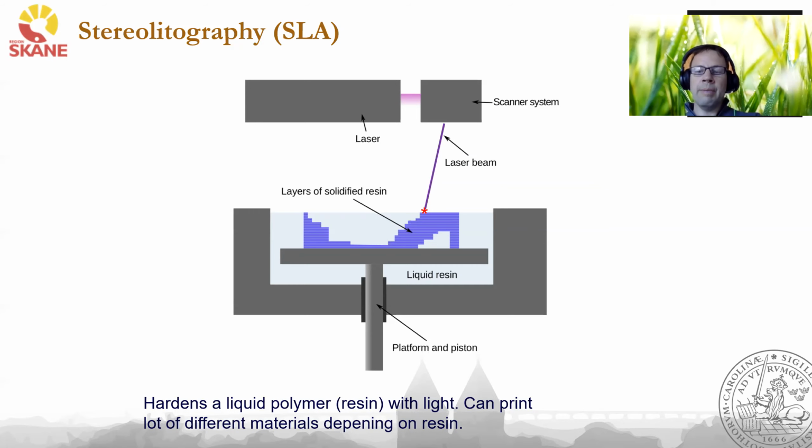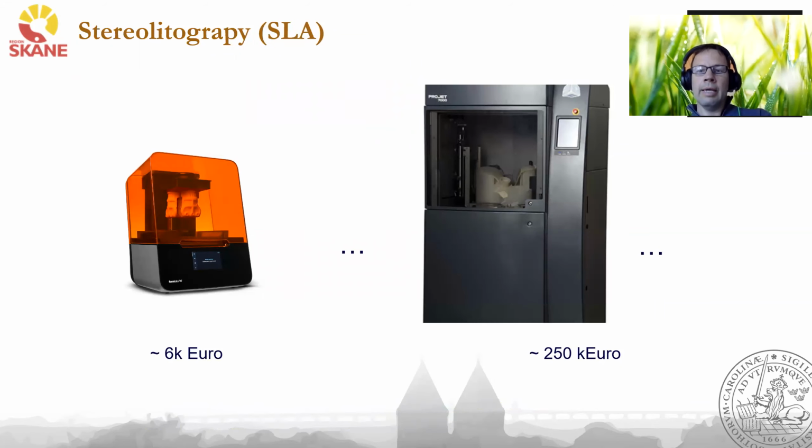Some printers are able to print in multiple different materials, depending on the resin used, although only one material per print. The cost of the machines again ranges over several orders of magnitude, depending on print size and speed, etc.